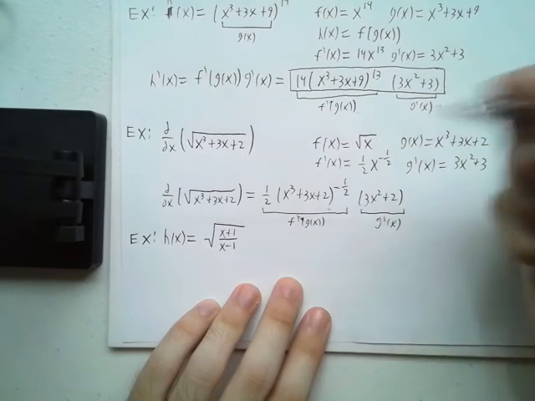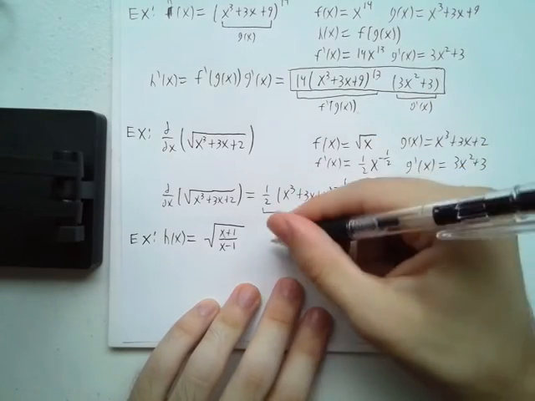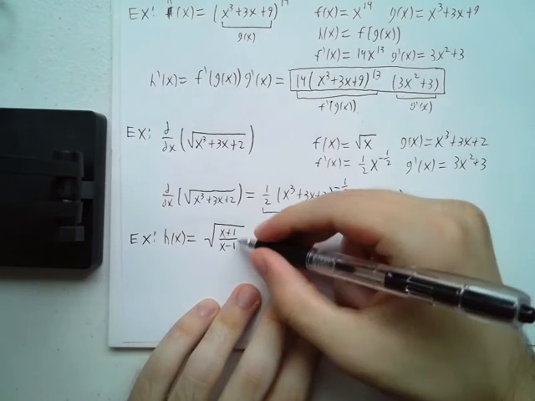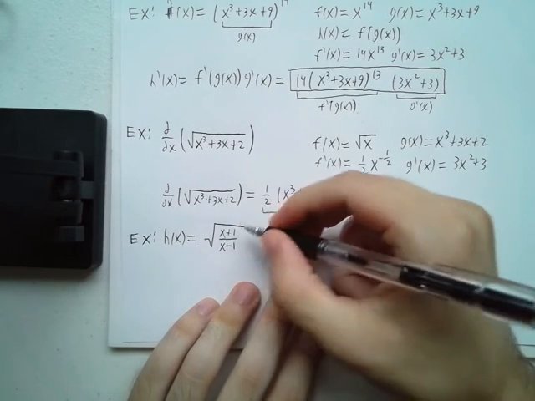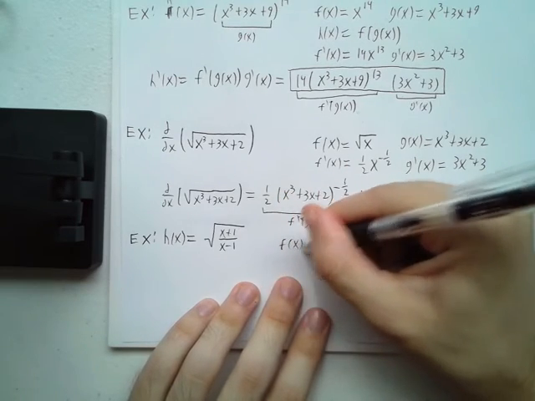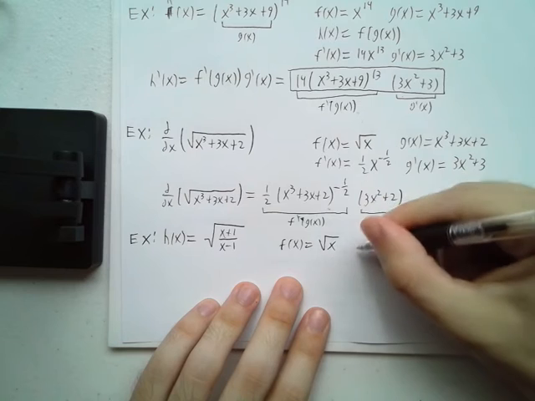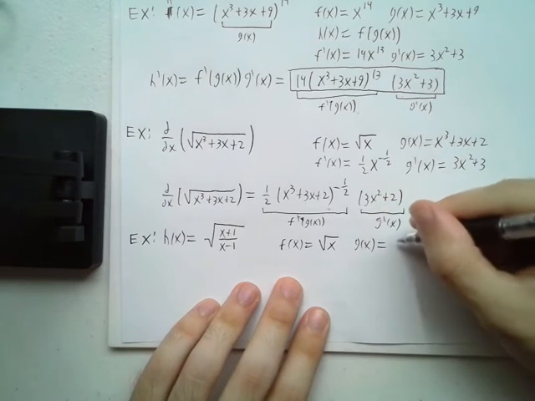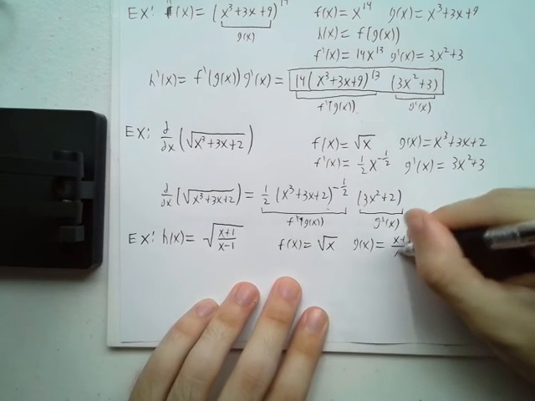In this case, the inside function is going to be the x plus 1 over x minus 1. The outside function is the square root. So we have f of x equals square root x, g of x equals x plus 1 over x minus 1.